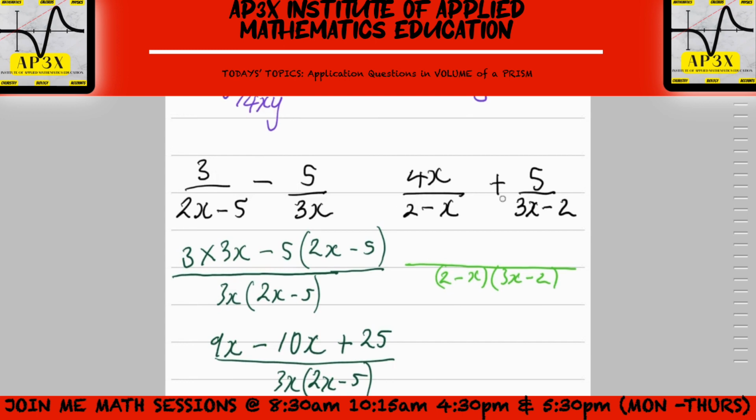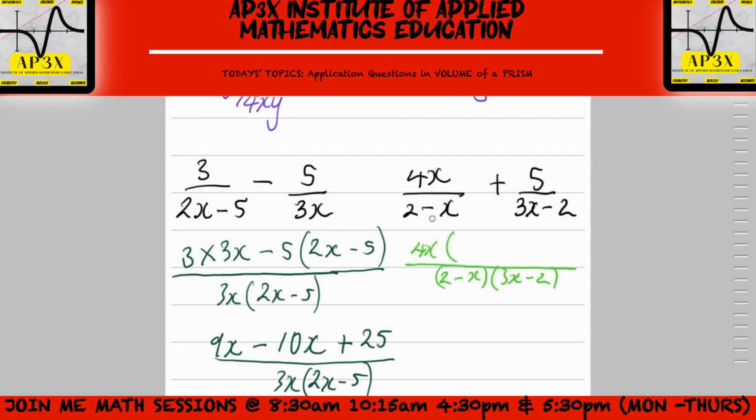Now, since they're both binomial expressions, we've already mentioned that as long as there's a binomial expression involved, most likely it is best to put it in a bracket here. So as we've been doing before, using this mental approach here, we can see 2 minus x cancels 2 minus x, leaves us with 3x minus 2. Because it's binomial, we're going to bring it on the line, so we end up with 4x open bracket.